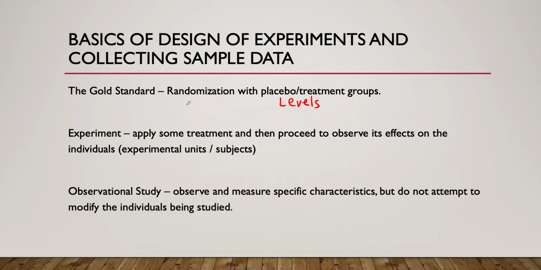An experiment itself is defined as applying some treatment and then proceeding to observe its effects on the individuals or experimental units or subjects. An observational study is where you observe and measure specific characteristics but do not attempt to modify the individuals being studied, meaning there are no treatment groups in this.